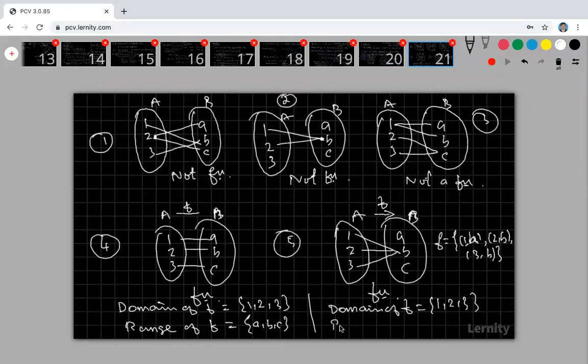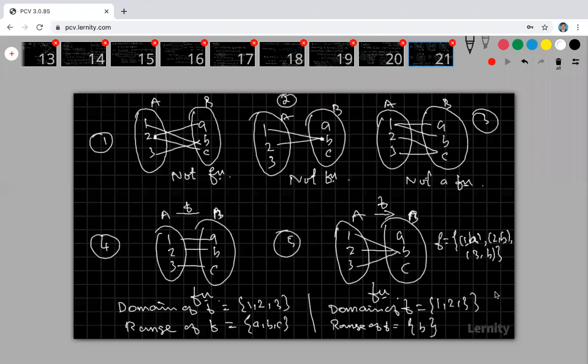Okay, what is my range? My range of F is the set of all second elements in every ordered pair. Here also my second element is B. Here also B. Here also B. Only B. No need to write B thrice. No need to repeat the same element.